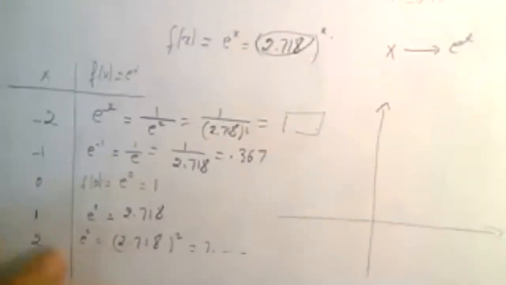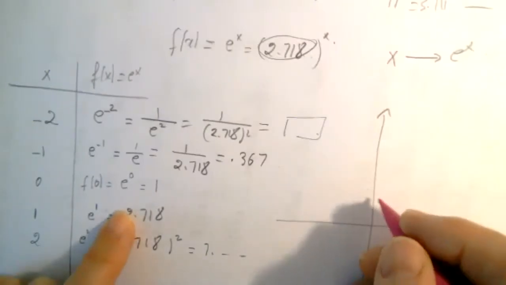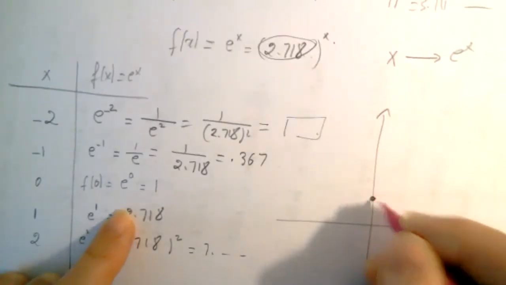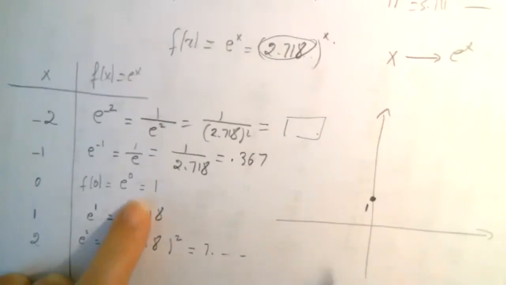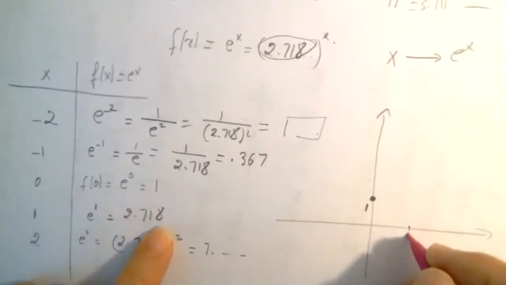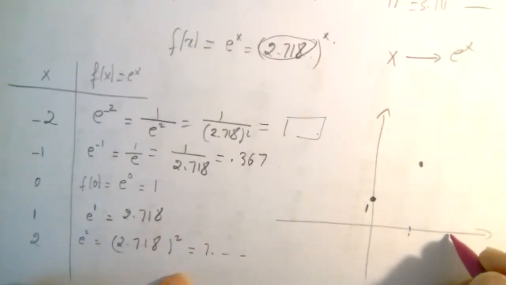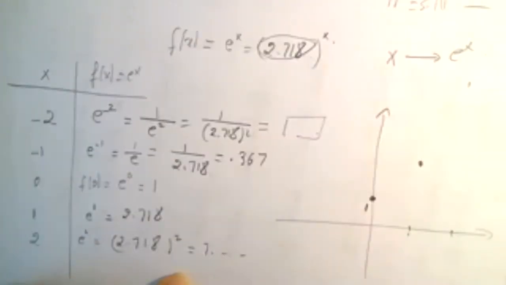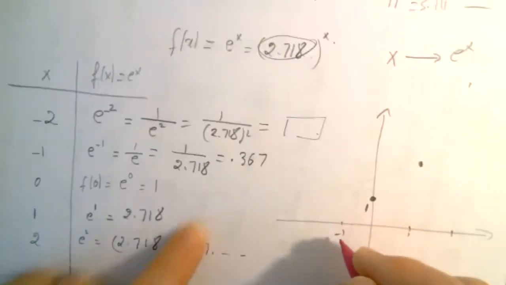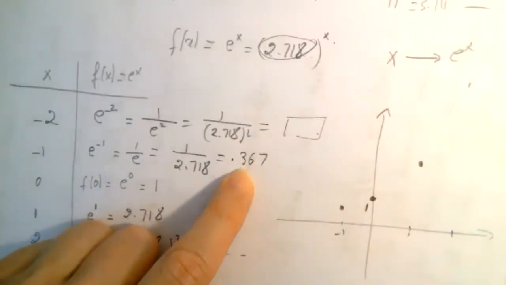And the graph of it, based on this picture, is going to be at 0, it's 1. At 1, it is going to be more than twice, 2.7. And at 3, it is very high. At -1 it is 0.3, it's right here.